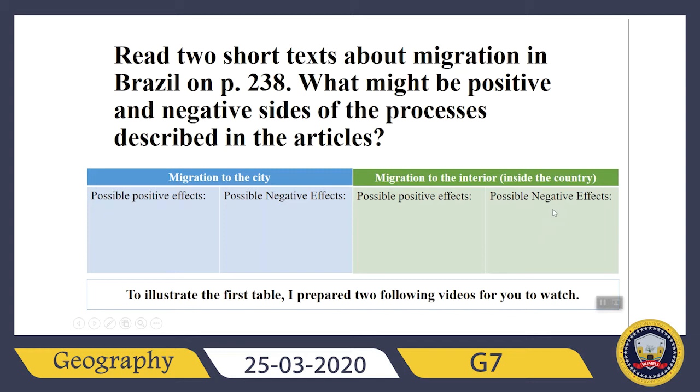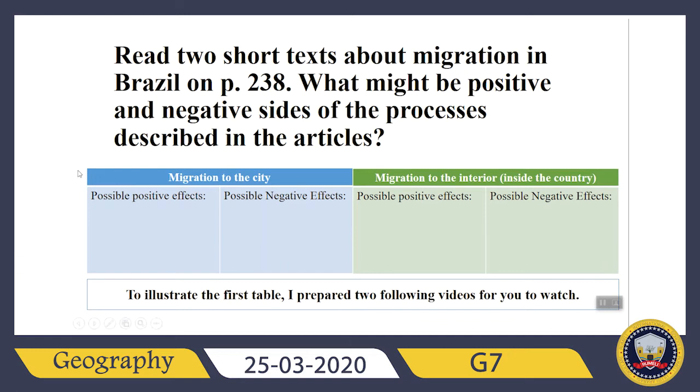Many rivers and swamps were dried down to allow people to live there, but at the same time this process destroyed again the homes of thousands, if not millions, of big and small animals who lived there before. Okay, so these are just examples of positive and negative effects of people moving inside the country.